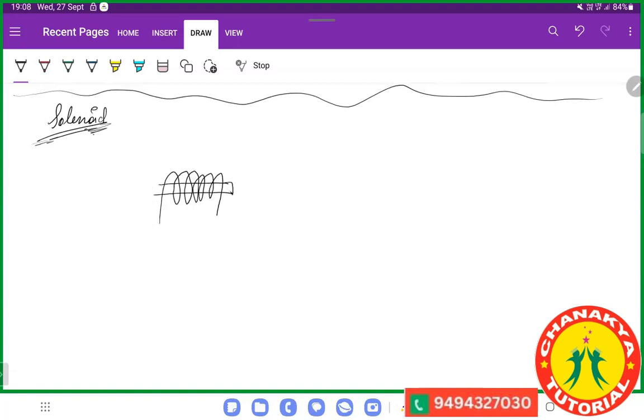It is a cylindrical wire which is wound around some insulators. It's a copper wire wound around insulators, and it's connected to a battery supply or whatever supply it is. Means there is an edge here which is ending in this one.